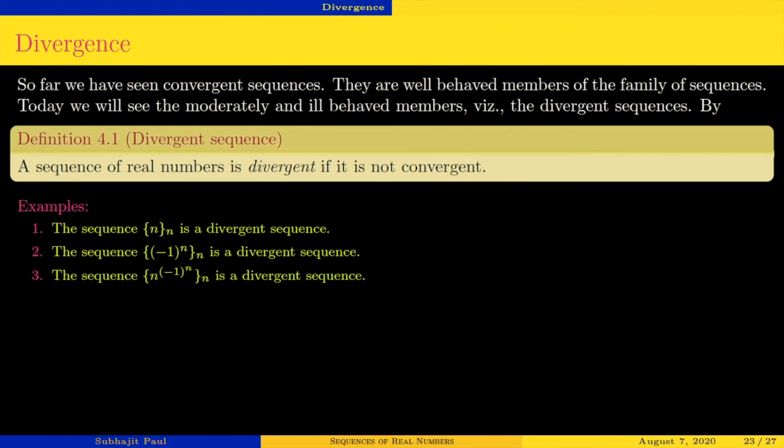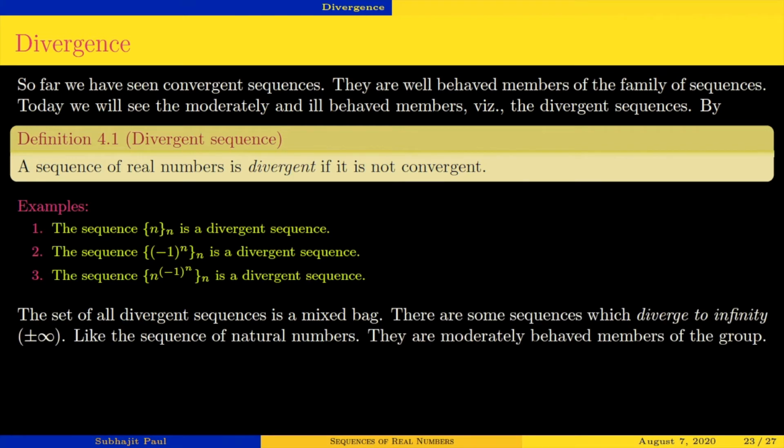Fine. So the set of all the divergent sequences is a mixed bag in the sense that there are some sequences which diverge to plus infinity, some sequences which diverge to minus infinity, and so on, not at the same time of course.